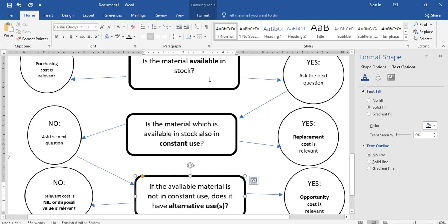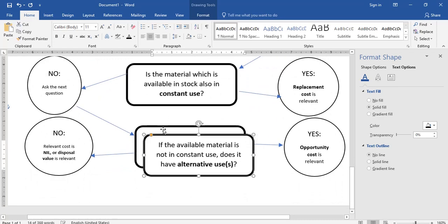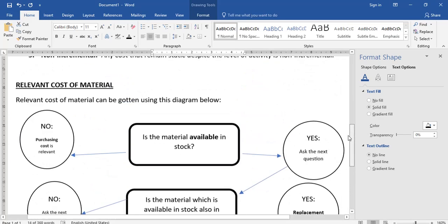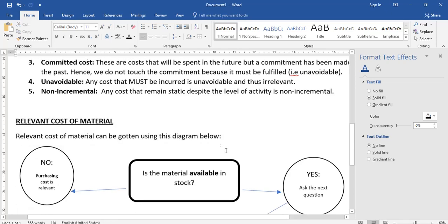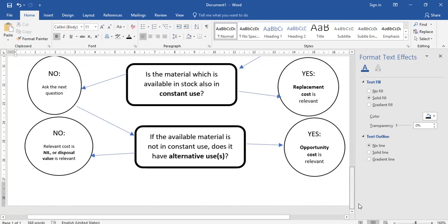Let's see if we can get that for labor. So let me see if I can use similar thing for labor. Relevant cost of labor. So let's go down and play with this. Let's see how we can play with this.